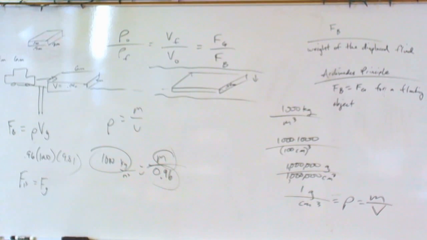A balloon is filled with helium at 0 degrees Celsius, 1 atmospheric pressure. What does that have to do with anything? Number 4, how do I do that one? Rho V g, that's the buoyant force.